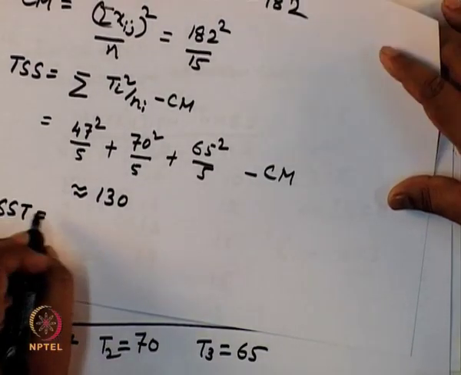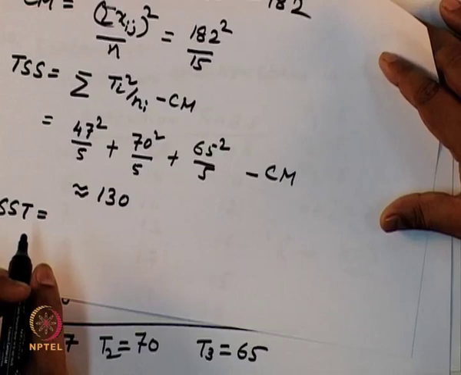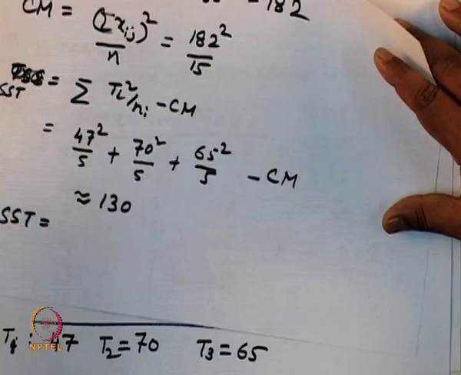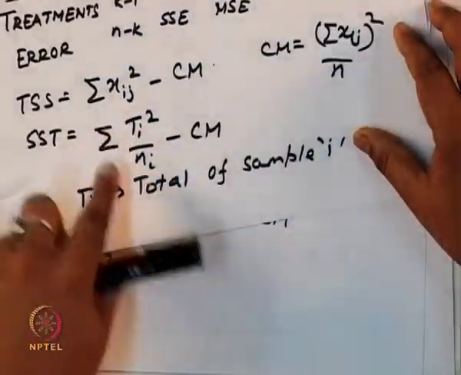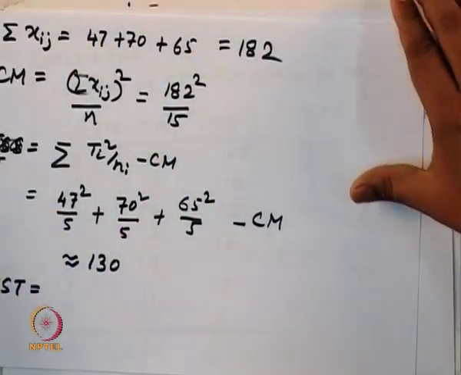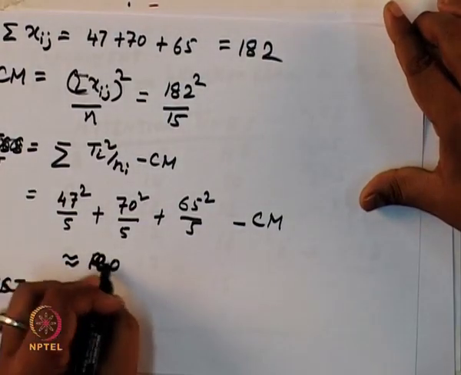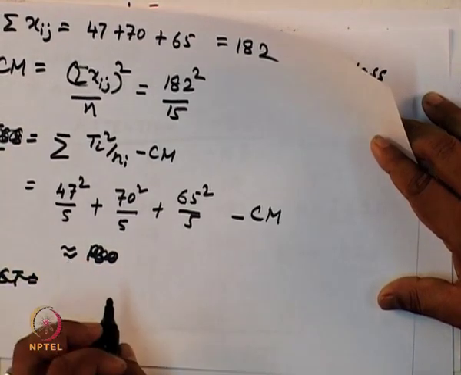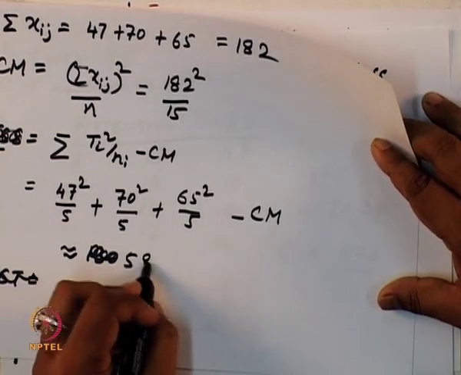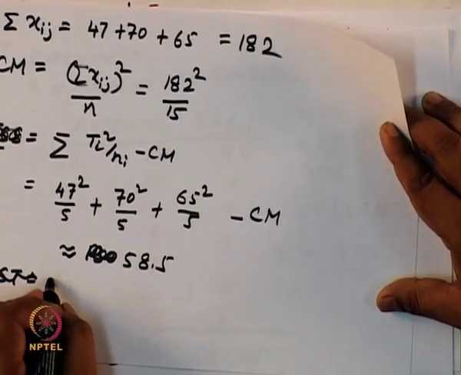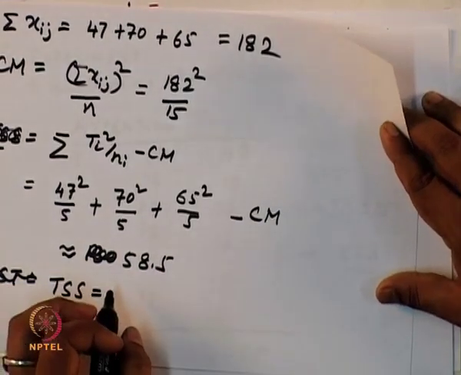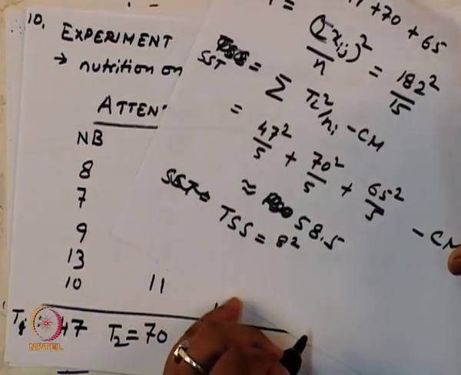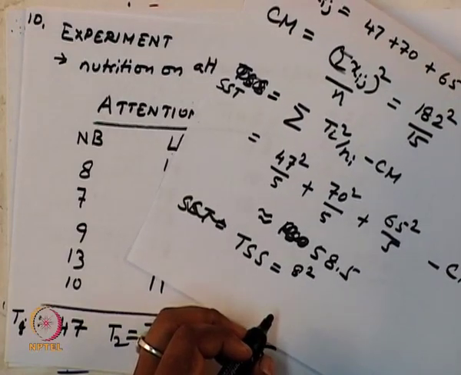SST is given by summation Ti square by Ni minus Cm. This will give you a value of roughly 58.5. For TSS, you have to add up all the squares, in other words, summation Xij whole square.